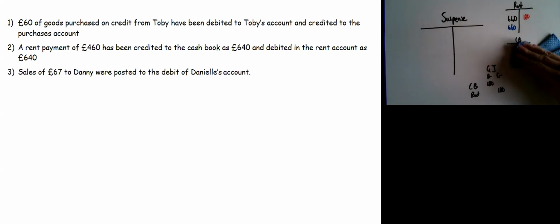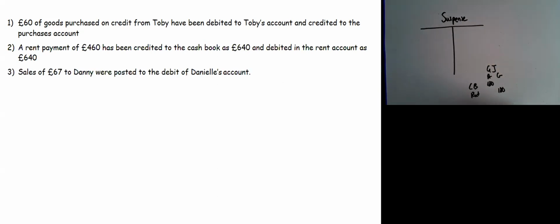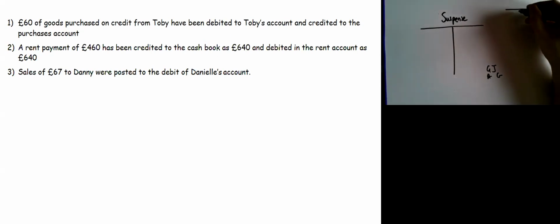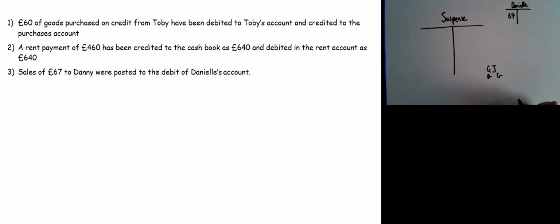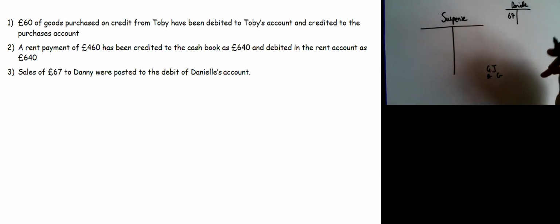Okay, next one. Sales of £67 to Danny, but posted to the debit of Danielle's account. So since it's only mentioned one side, you can assume the other side was correct. So sales side was correct. However, the debit side has been put into Danielle at 67 because Danielle will be a customer, so it's an asset.